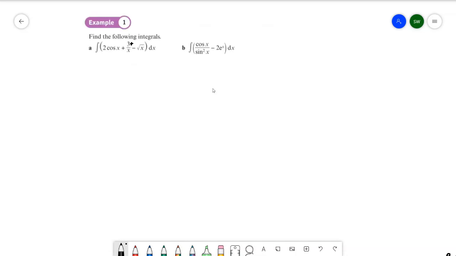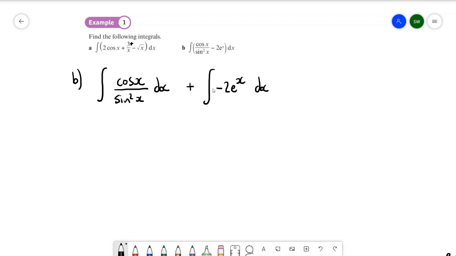The integral in B is less obvious, so let's start off by splitting it up into two separate integrals. We could write that as the integral of cos x over sine squared x dx plus the integral of minus 2 e to the x dx.